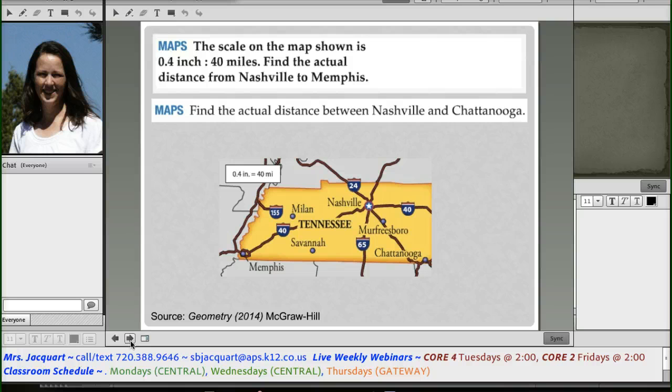Okay, so we're going to work this problem. The scale on the map is shown as 0.4 inch equals 40 miles. Find the actual distance from Nashville to Memphis. Oh wait, our question is actually Nashville to Chattanooga. So if we put a ruler on that, I'm going to make it bigger because it didn't show up very well.